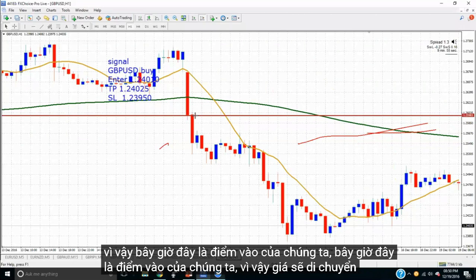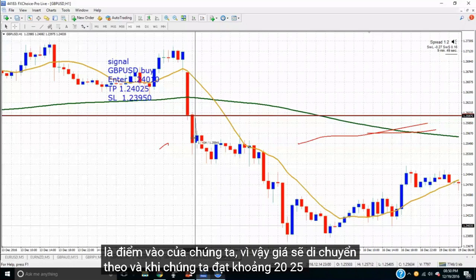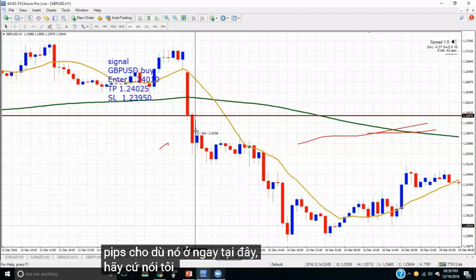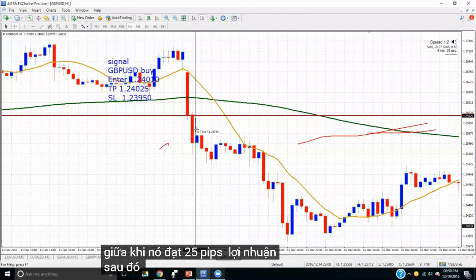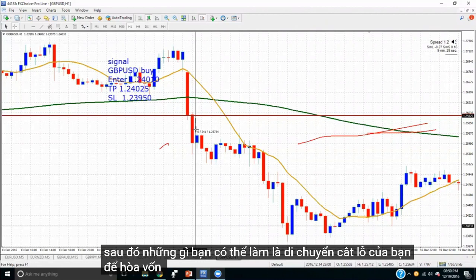So then price moves along, and once we reach about 20, 25, 30 pips, whatever it is, right in here, let's just say, I say 25 just to be in the middle. Once it reaches 25 pips profit, then what you can do is move your stop loss to break even plus 3.